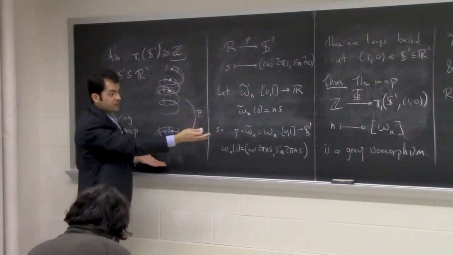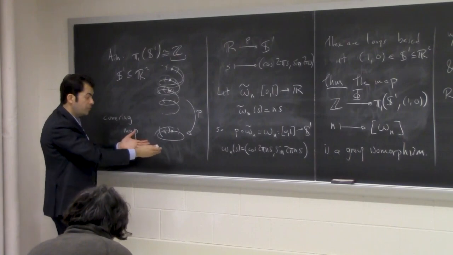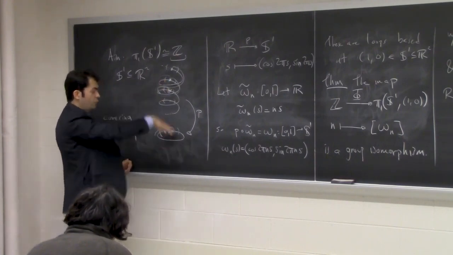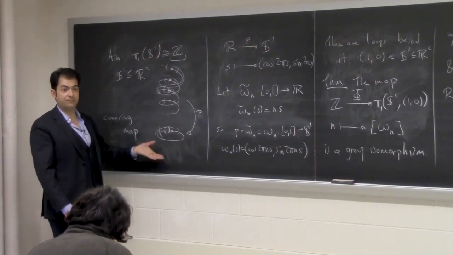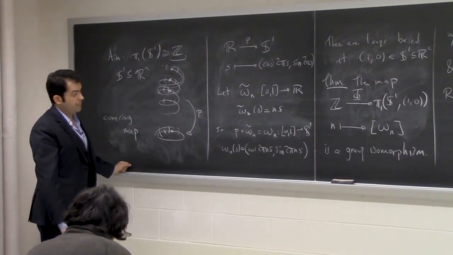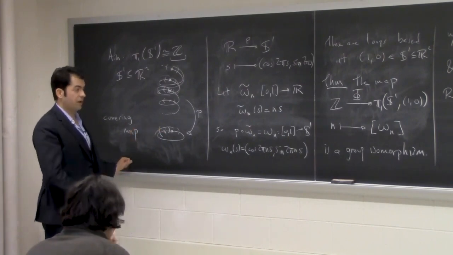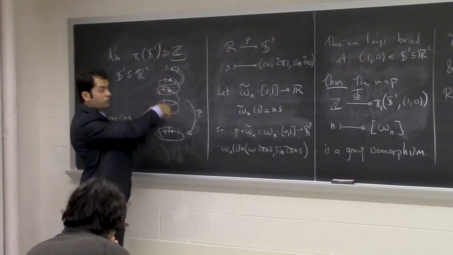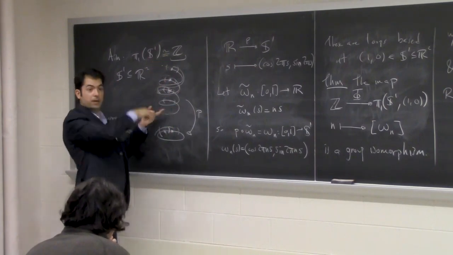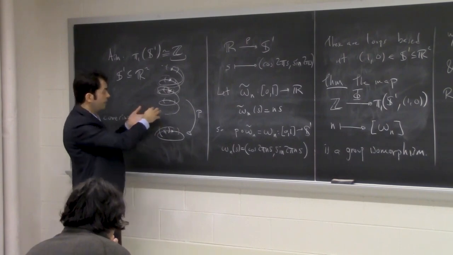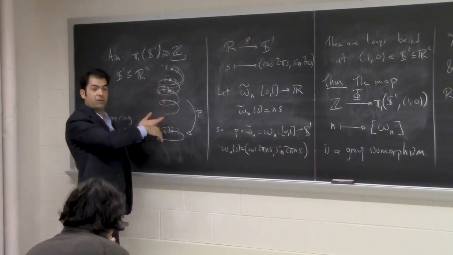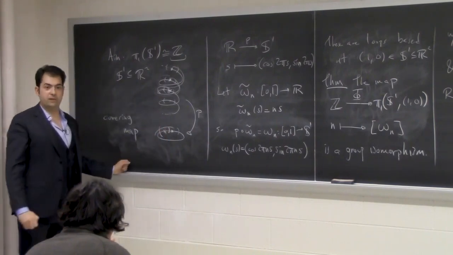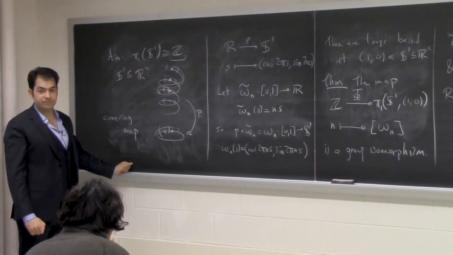And saying that this is an isomorphism says that every loop on the circle is homotopic to the projection of one of these paths. And moreover, it says that this is a group isomorphism, so that addition in the integers, which just means going up or down a number of levels and then up or down the next number of levels, corresponds to loop concatenation down here. Okay?